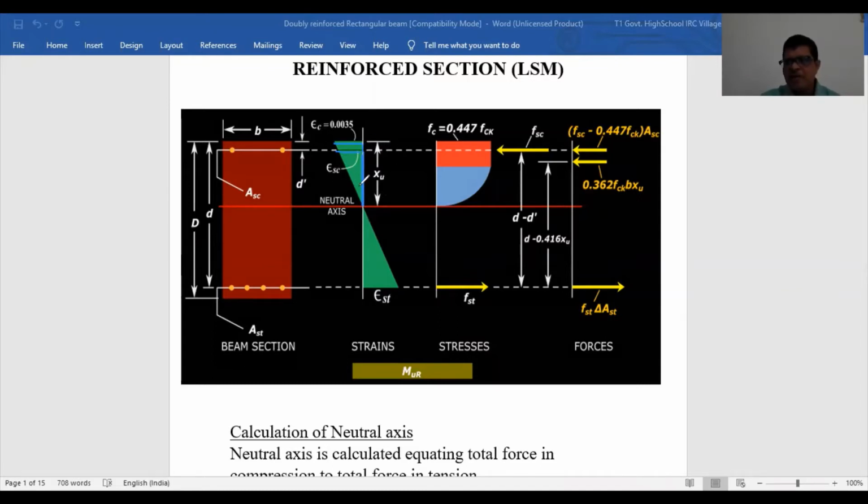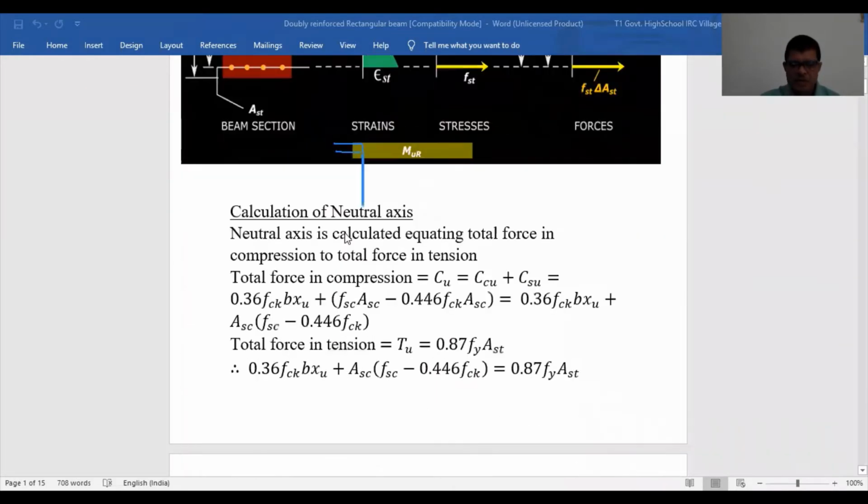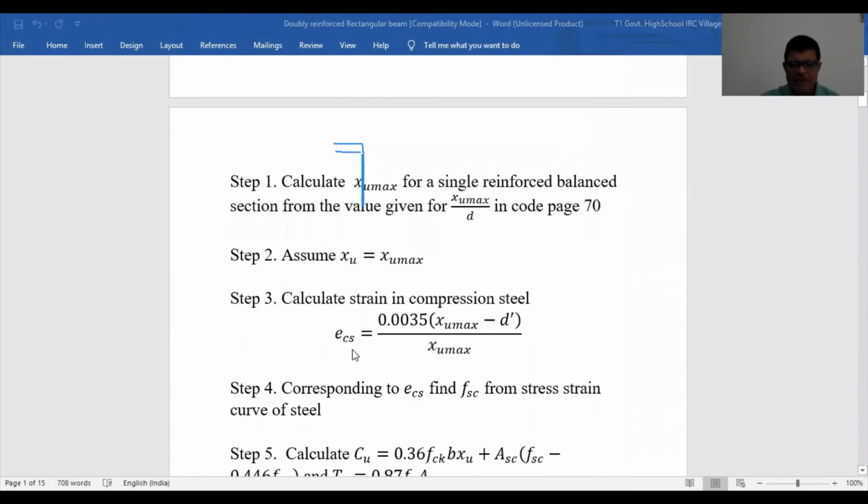You can put in the formula and find the strain at that level. If you take xu equal to xu maximum in the first trial, you can put x equal to xu maximum, and corresponding to this value of strain, find the value of stress fsc from the stress-strain diagram. Now you can find out this.